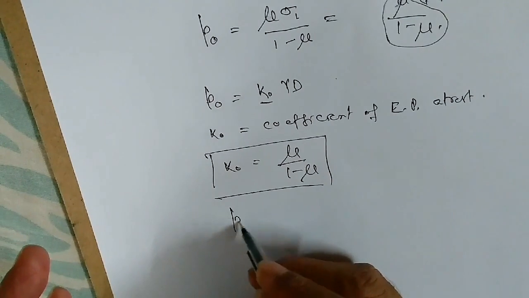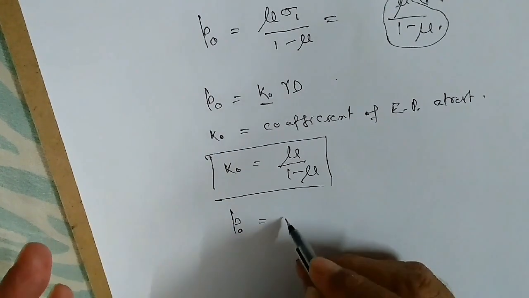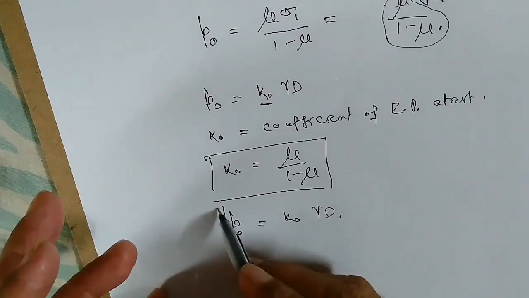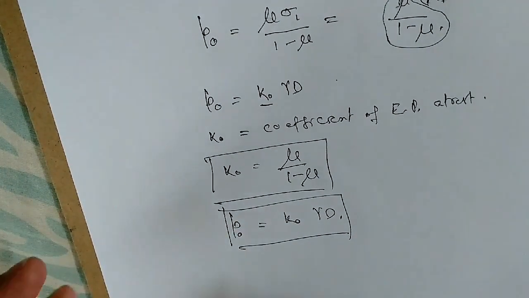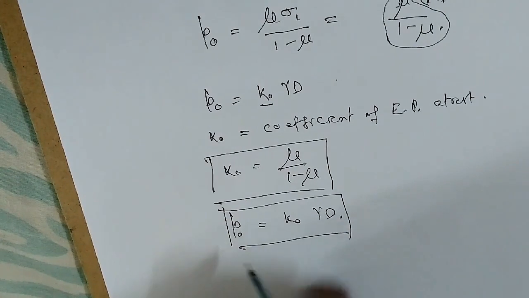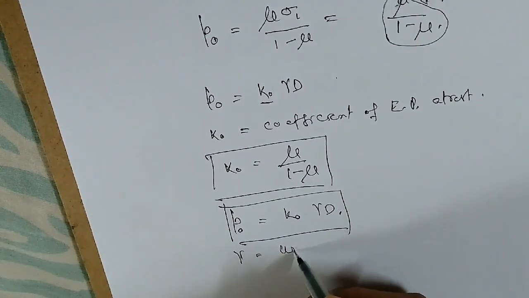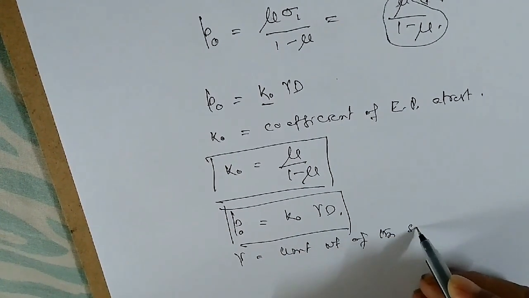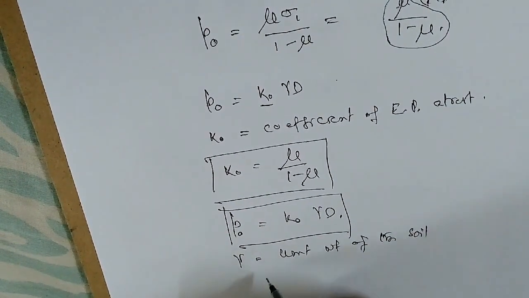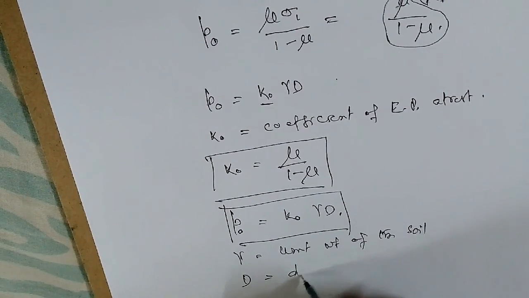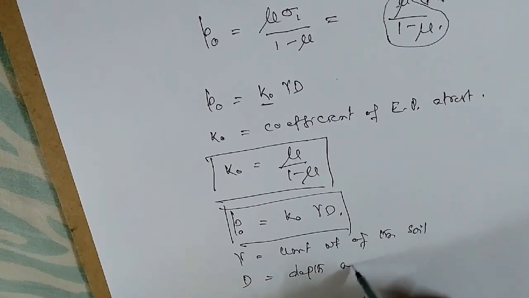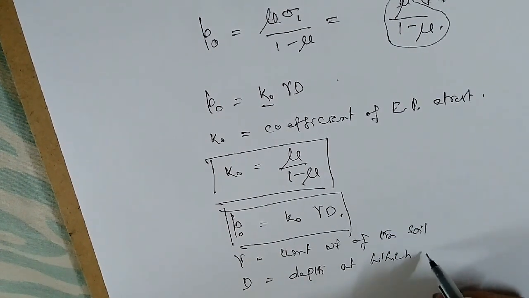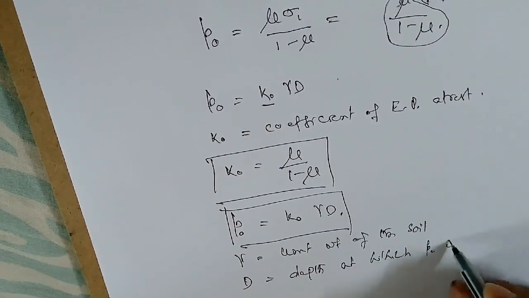Then earth pressure at rest at any depth will be simply K0 gamma D, where gamma is the unit weight of the soil, or backfill, and D is the depth at which earth pressure P0 is required.